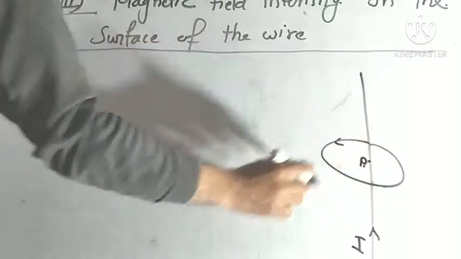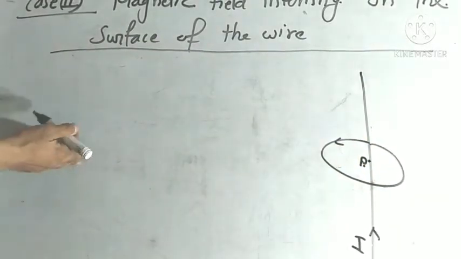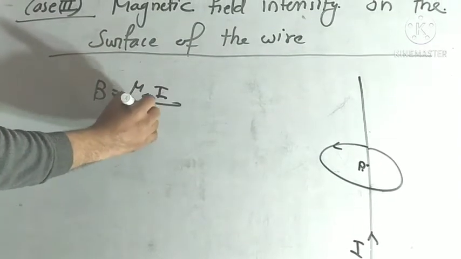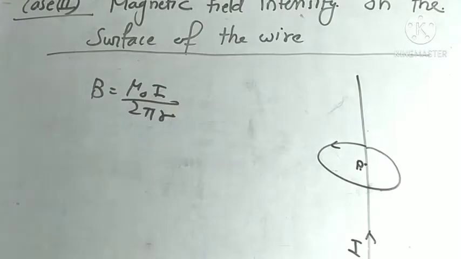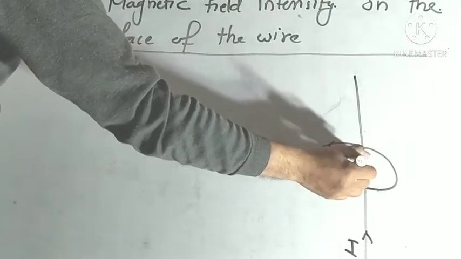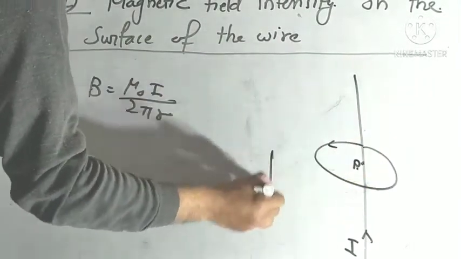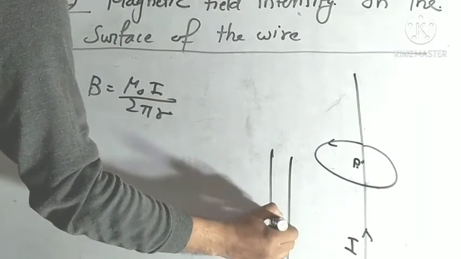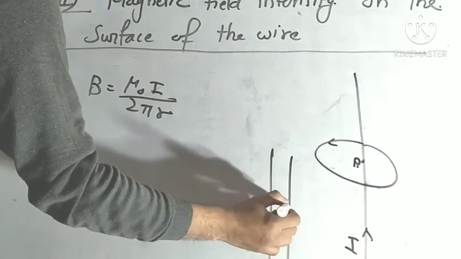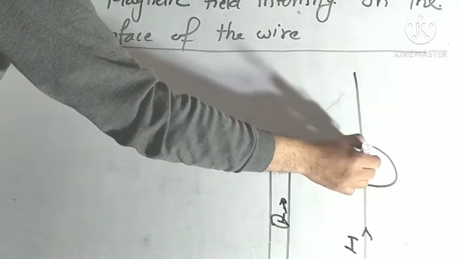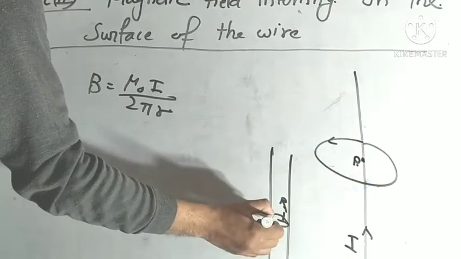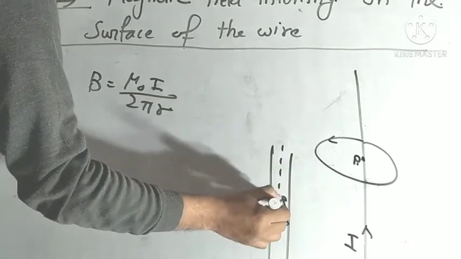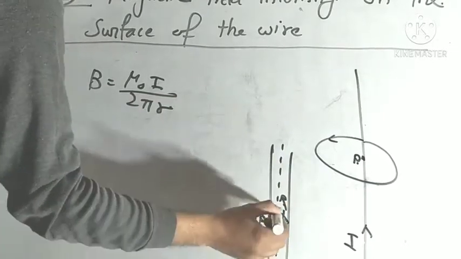Here we already know the formula B = mu naught I upon 2 pi R. This wire is in the form of a cylindrical shape having radius capital R. This point P is on the wire, and this is the axis passing through the wire.